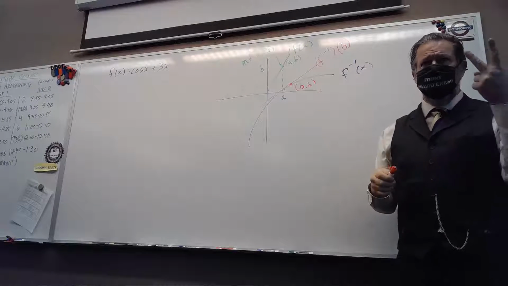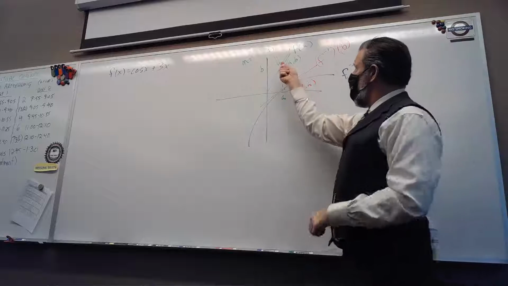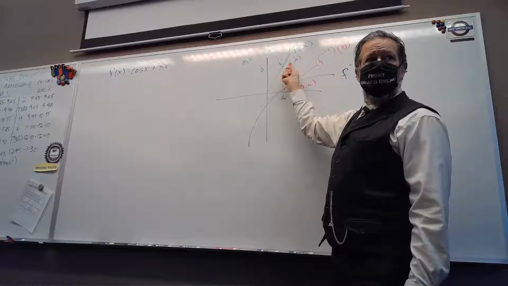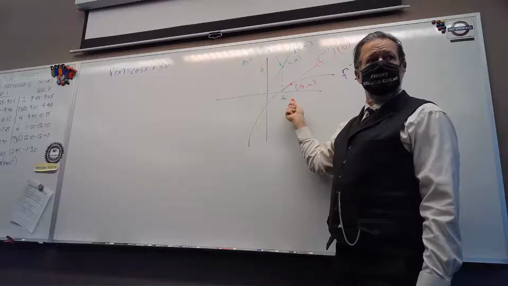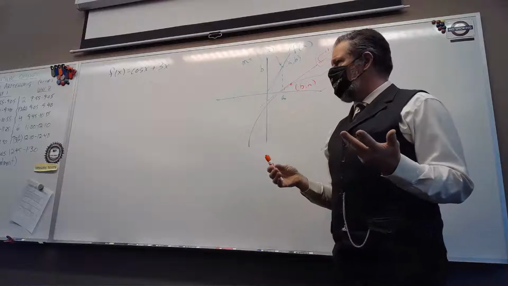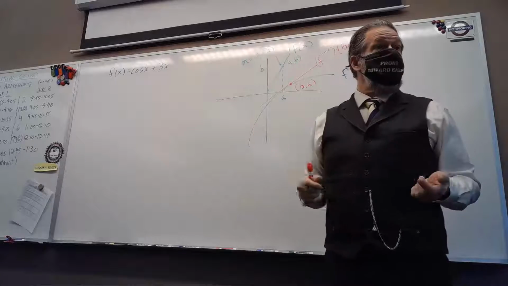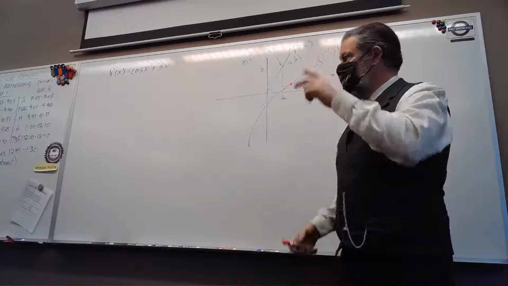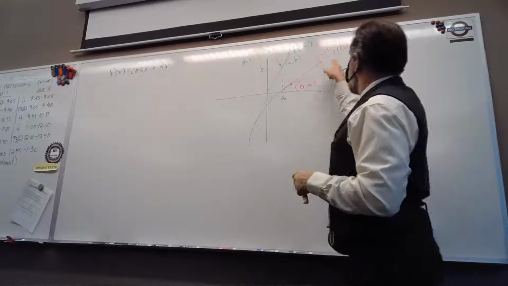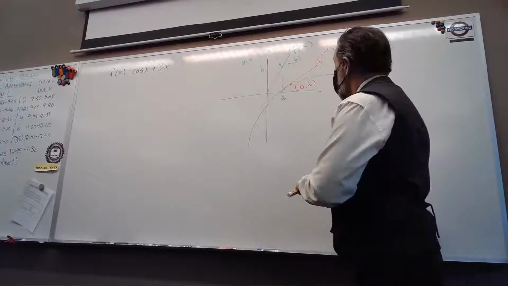So I've got two slopes. I've got the slope of the original function at A comma B, and I've got the slope of the inverse at B comma A. And this is all just principles of inverse. Inverse is a reflection across y equals x, which means every point switches. AB becomes BA. Turns out there's a relationship between those two numbers.